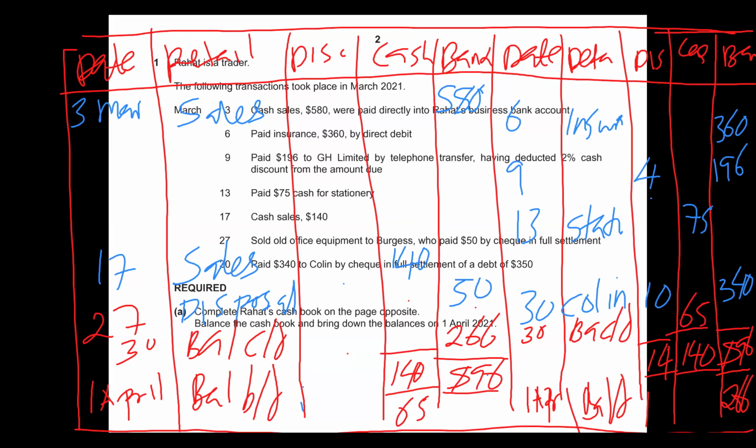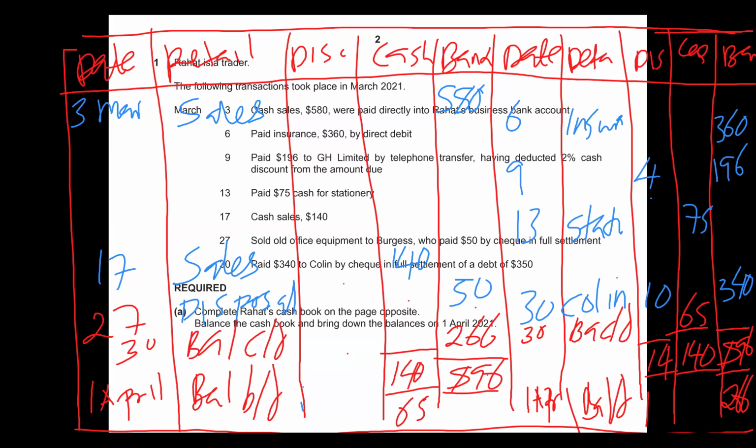For just the last transaction there on the 30th, he said that he paid 340 to Colin by check in full settlement of a debt of 350. What does full settlement mean? Let's start from this understanding. Look, you paid 340 to Colin, right? Using a check.